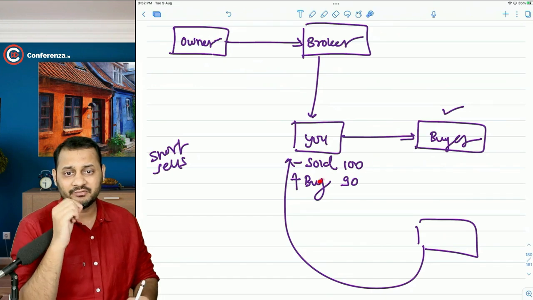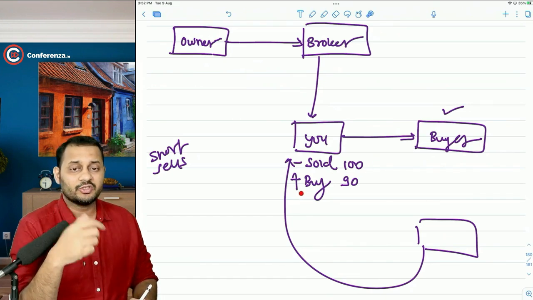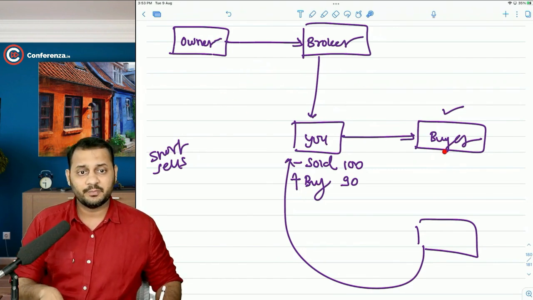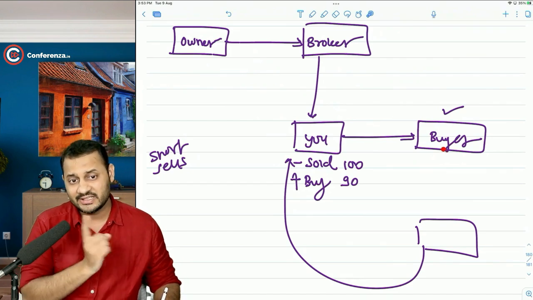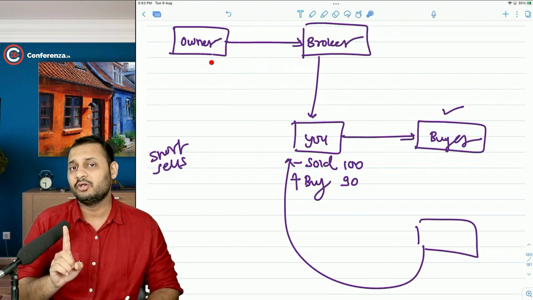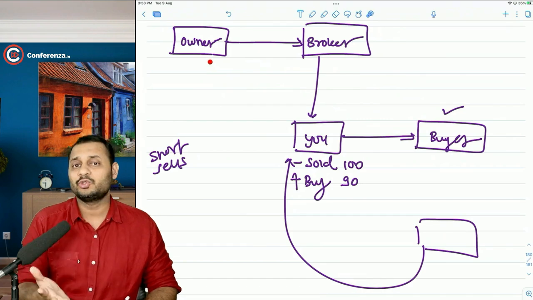Now what happens if in this time frame, in these 2 months, the company of this share declares a dividend? This person has the right to receive the dividend because he is the legal owner, and this person also demands the dividend on the same share because he is also the owner of the share.